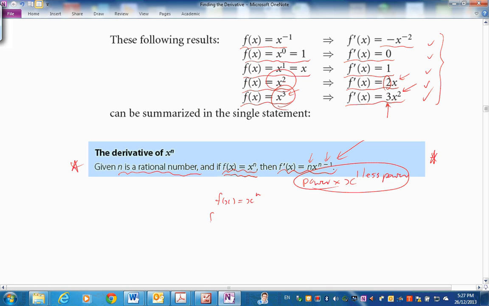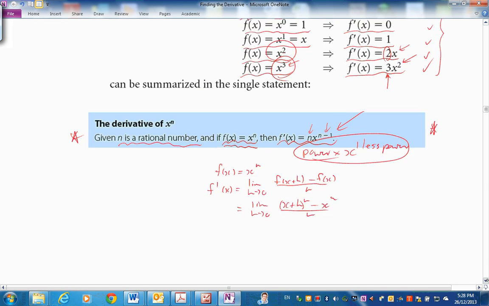Let's say now f'(x) is the limit as h tends to 0 of f(x + h) minus f(x), all over h. This is from first principles. Let's keep going. It's the limit as h tends to 0 of f(x + h), so that'll be (x + h) to the n, take x to the n.